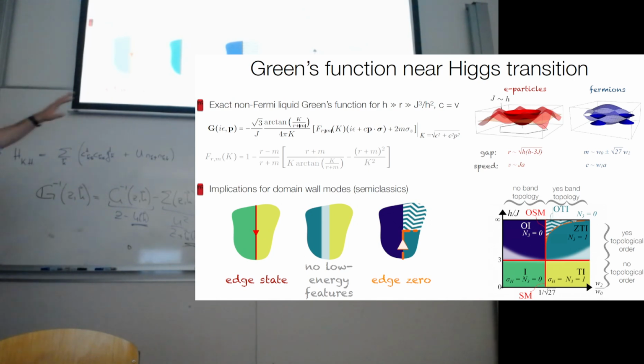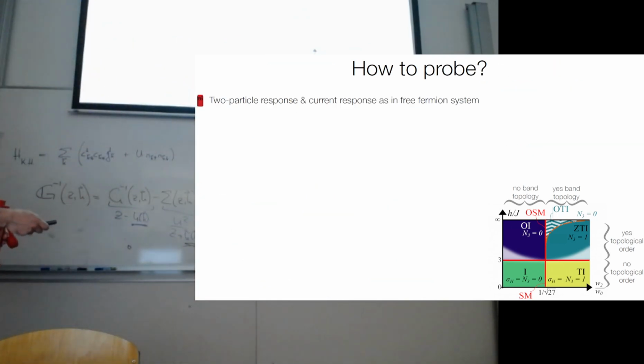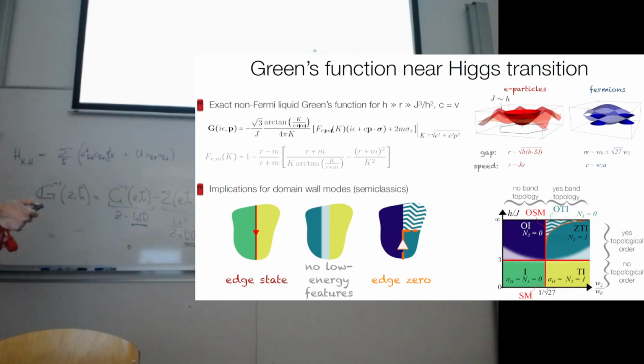So the zeros get pushed up, and then here the zero has finite lifetime, so that there are just no low energy features at an interface between a topological insulator with zeros and a topological insulator with poles.